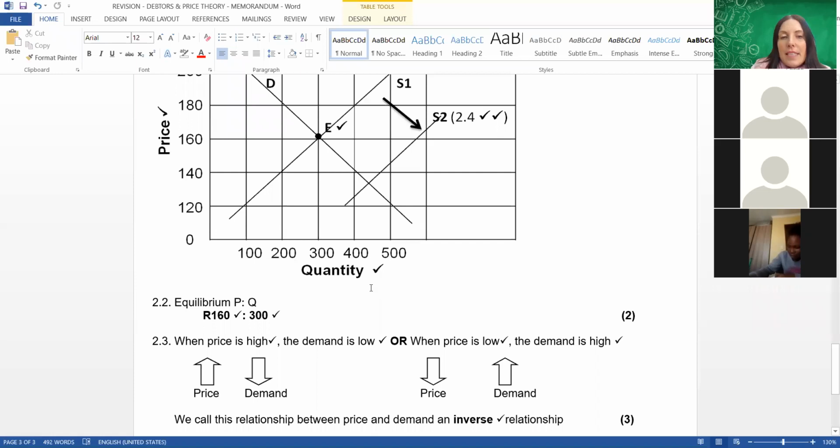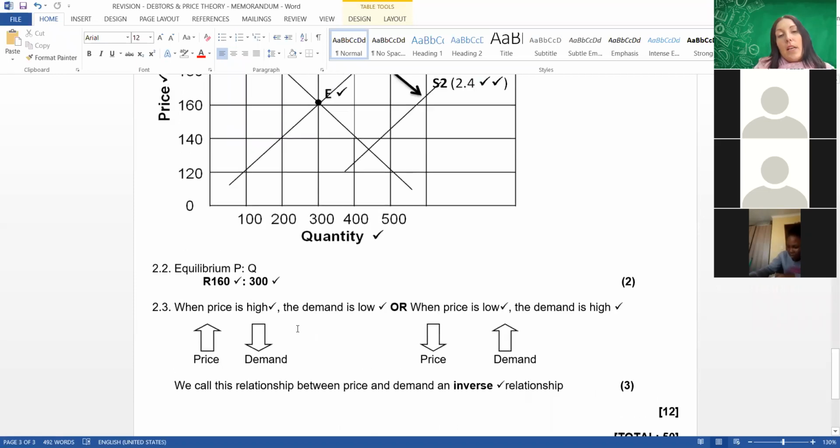So you could have either said the law of demand is, the higher the price, the lower the demand. 1 mark. Or you could have said the lower the price, the higher the demand. That basically means the same thing. And what do we call this relationship between price and demand?